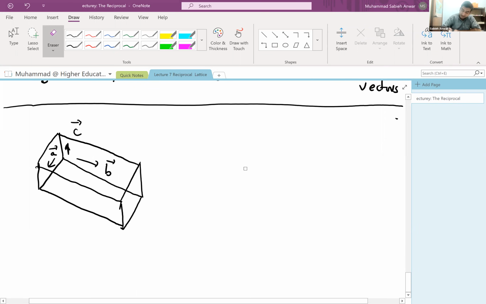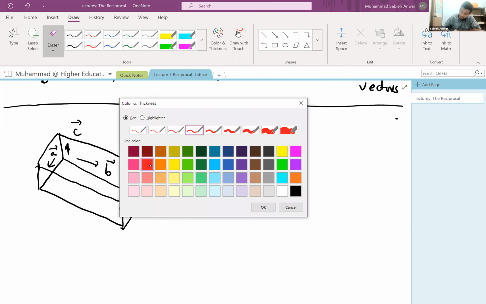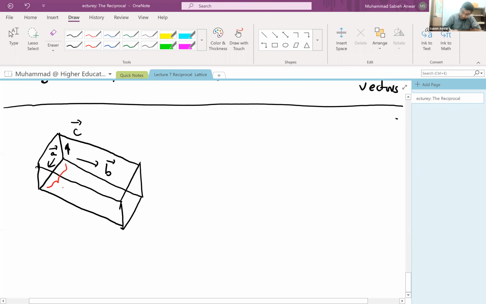Okay, now all three lengths are unequal. So this length is a, this length is b, and the height of the unit cell is c. And still we're talking about the primitive orthorhombic.